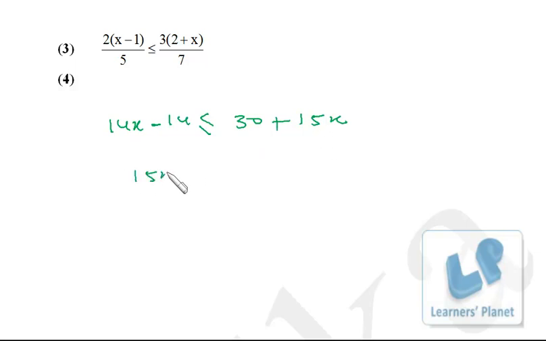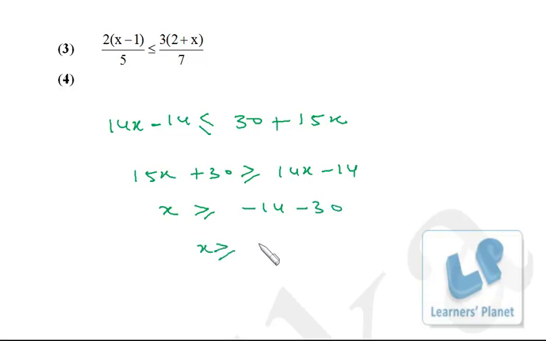So 15x plus 30 is greater than equal to 14x minus 14. Okay, take 14x this side. So 15x minus 14x is x, greater than minus 14 minus 30. So x is greater than equal to minus 44, or we can say x belongs to minus 44 to infinity. Right?